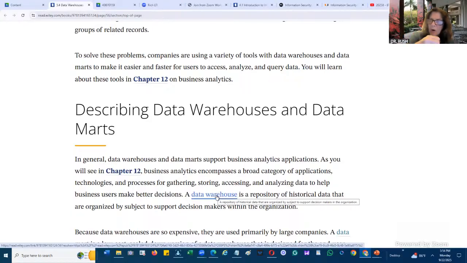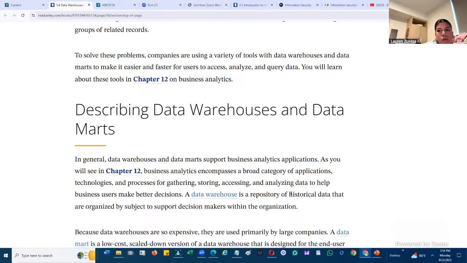Is it historical? Is it present? Or is it future data? Lauren. About the data warehouse, it says it's repository of historical data. Historical data. So it means it's historical data. That historical data is what we call many times what? Non-volatile. It means that it stays the same.